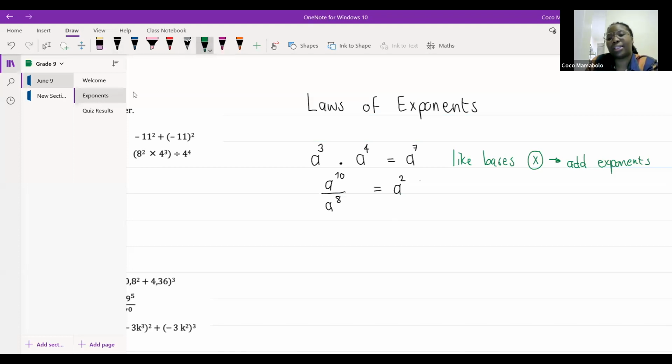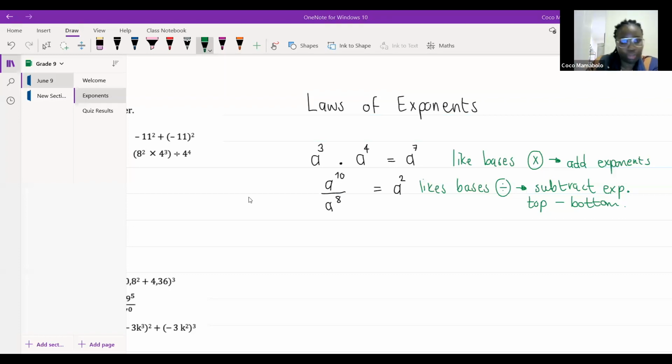So when like bases are being divided, I subtract exponents, but I subtract top minus bottom, never the other way around. I could never do bottom minus top. If your teacher has told you bottom minus top, it's because they want you to keep the bigger answer at the bottom, not at the top. So we always do top minus bottom, and I'll show you what I mean as we go along.